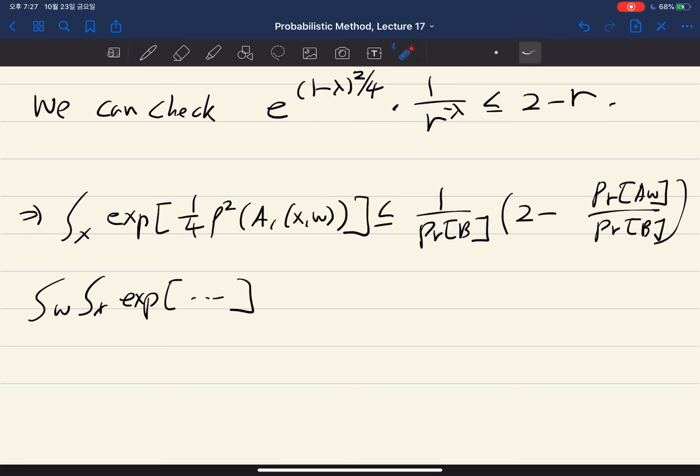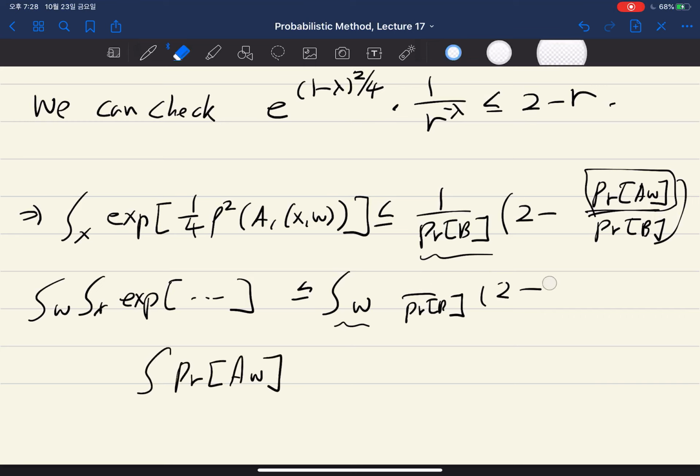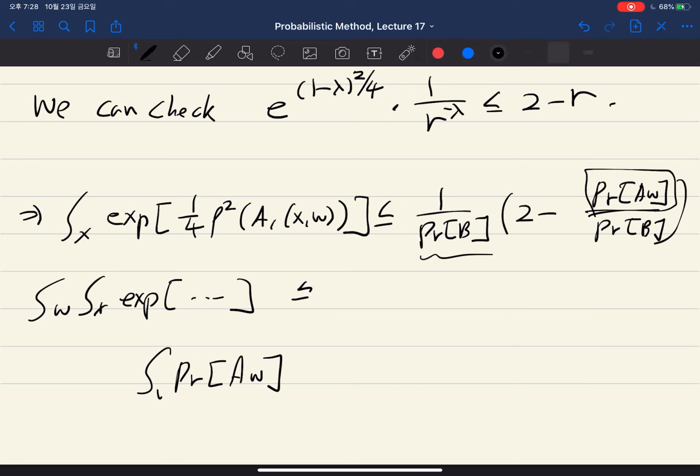This is the integral over the first n coordinates, and w is the last coordinate. B is fixed, and this w changes, but what's the measure of AW? If you take the integral over w, this is exactly the measure of A.